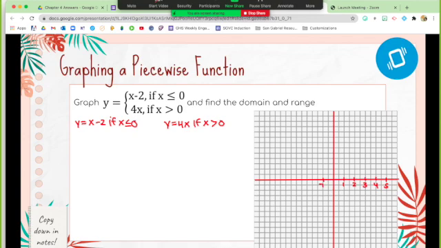Over here is negative 1, 2, 3, 4, 5, 6, and negative 7. Over here we have 1, 2, 3, 4, 5, 6. Down below we have negative 1, 2, 3, 4, 5, and negative 6.